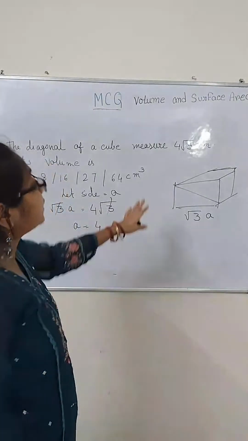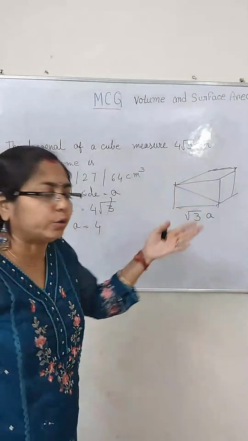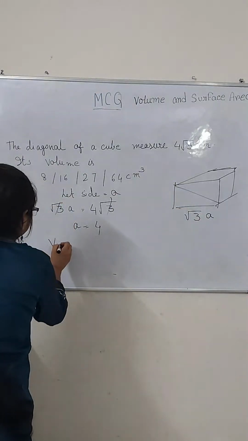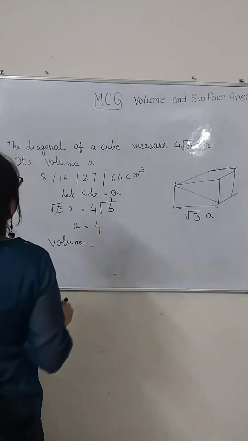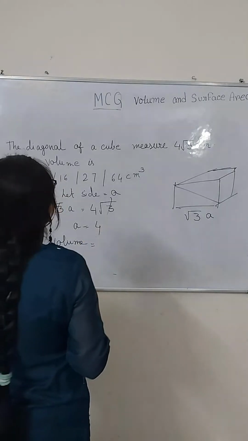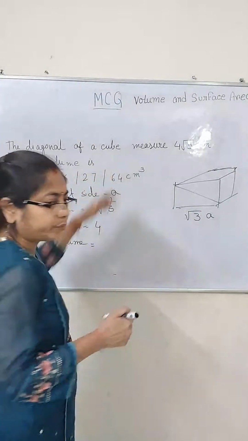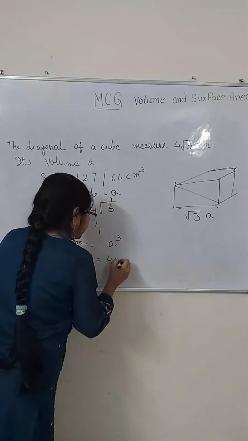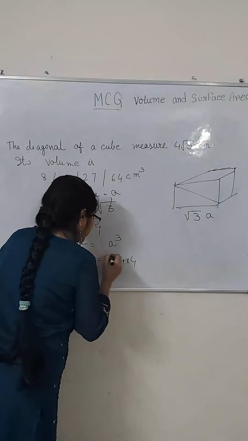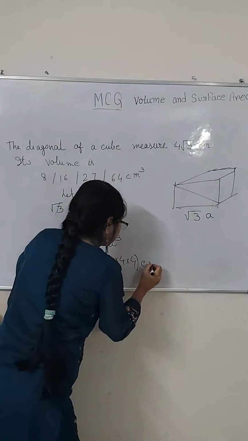Clear? Now come to the formula of volume. Here it's a cube. So formula a cube means 4 into 4 into 4 centimeter cube.